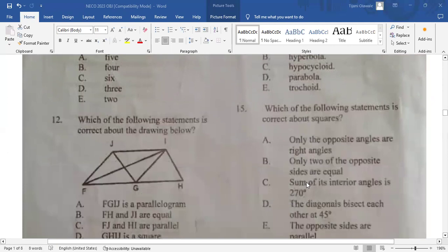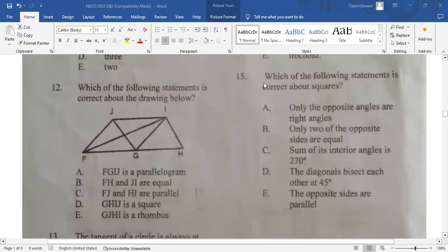Then move to question 15, which says, which of the following statements is correct about squares? Looking at all the options that we have here, I take option E as the answer. The opposite sides are parallel.